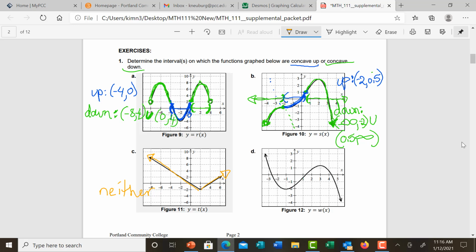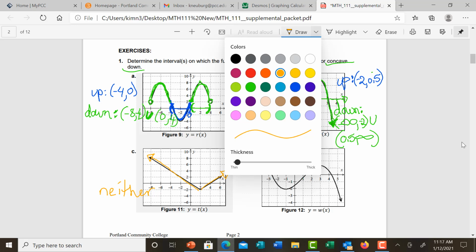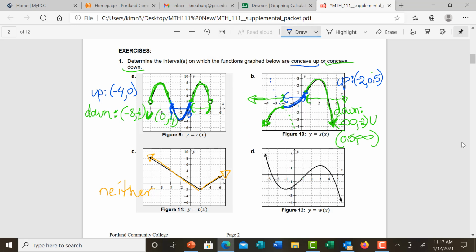And then D is probably the easiest of all of these. I'll do concave up first. Notice we have an arrow here, so it's going to go on forever. And we have a full cereal bowl until we're about right here, where x is 1. So that's all concave up. So out here from negative infinity up until the 1 here. The concave up would be negative infinity to 1.